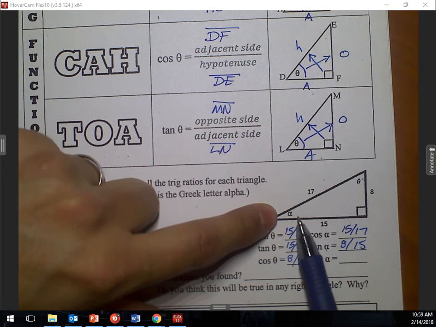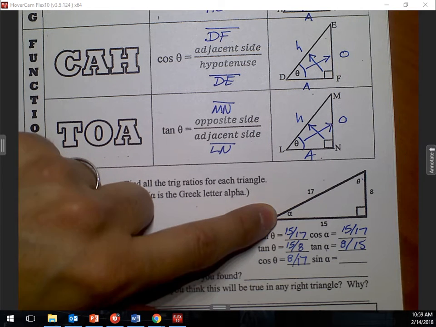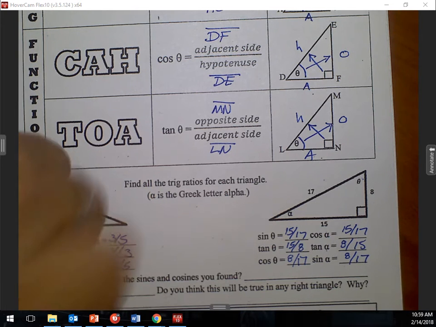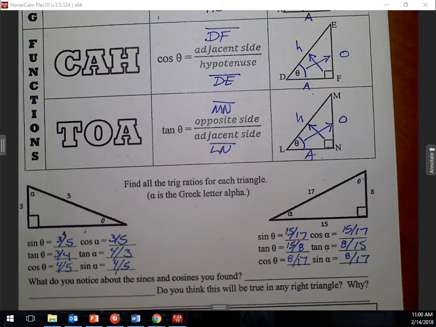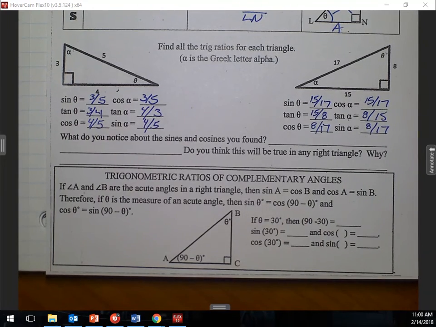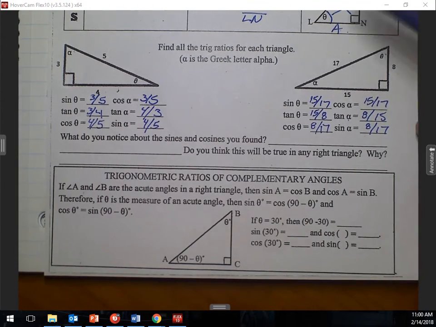Now, sine of alpha, sine is opposite over hypotenuse. 8 over 17, right? What do you notice about the sines and cosines you found? They switch. They're switched, right?